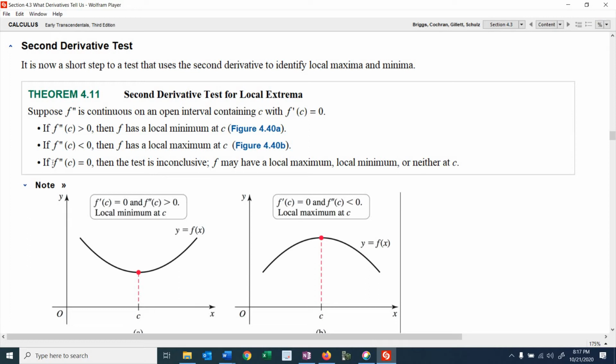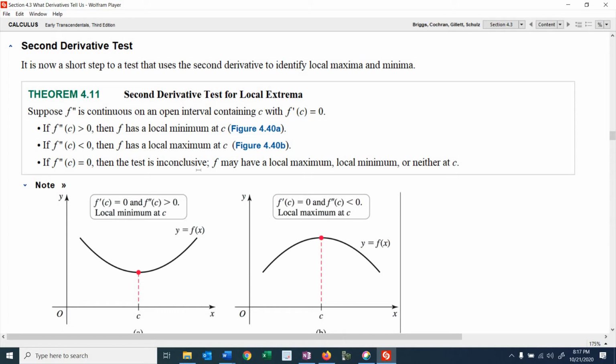Now the other possibility is that the second derivative evaluated at c could equal 0, and in that case the test is inconclusive and we don't know whether we have a local maximum, a local minimum, or neither at c. Okay, so I just want to mention that the second derivative test has two limitations that I see. The first one is it can only be used to classify critical numbers where the first derivative evaluated at the critical number is equal to 0.